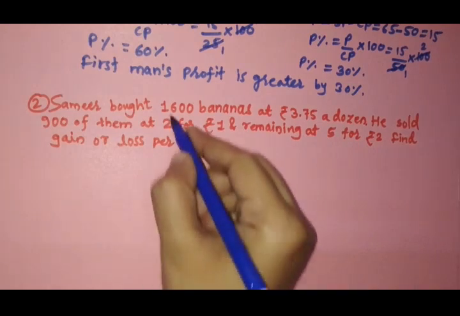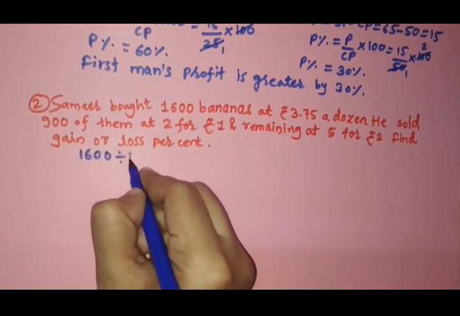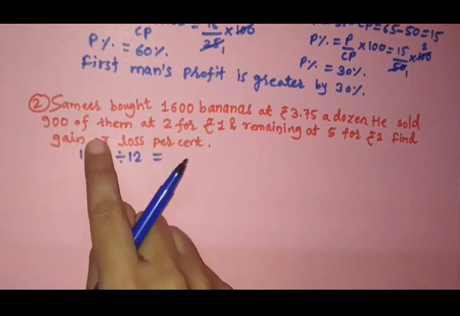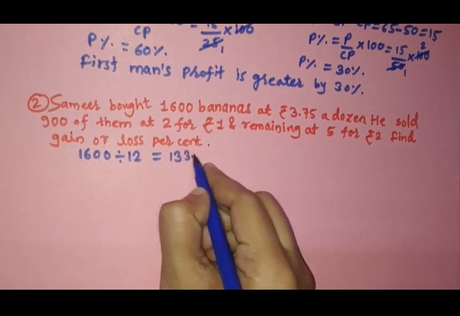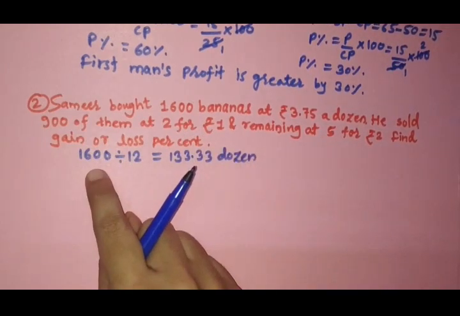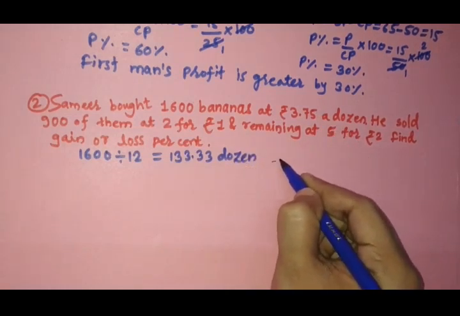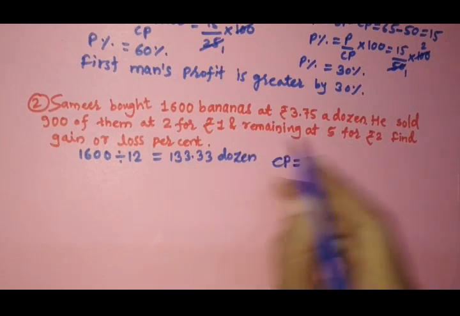So here 1600 is equal to how many dozen we'll find out. 1600 divided by 12 will do. Why are we doing this? Because we need to find out how many dozens these are. So we'll get 133.33 dozens. So these many dozens are there, and we'll find out the cost price for these dozen.